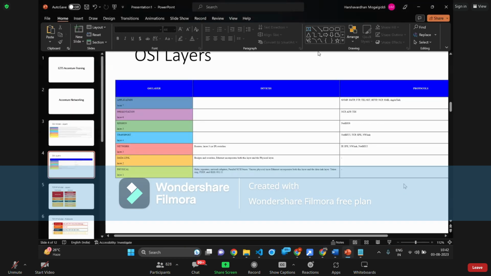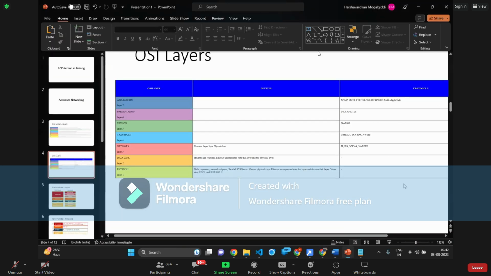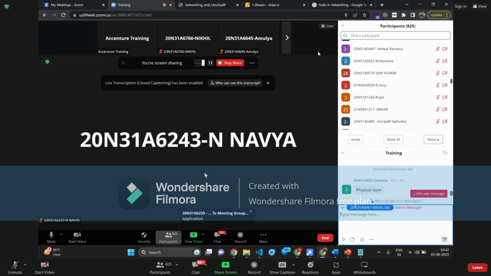Good, network layer. Now SFTP protocol belongs to which layer? Application layer. Good. Pretty much it. Remaining all I guess you're clear with. So yeah, OSI is done.